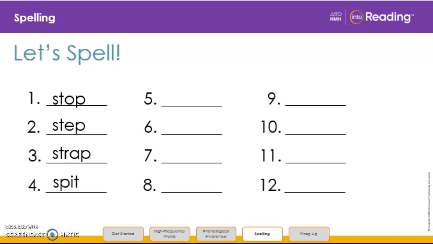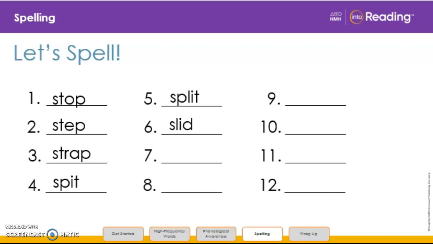All right, the next word after spit is split. I split my cookie with my friend. Split. All right, number 6 is slid. Slid. They slid down the slide.